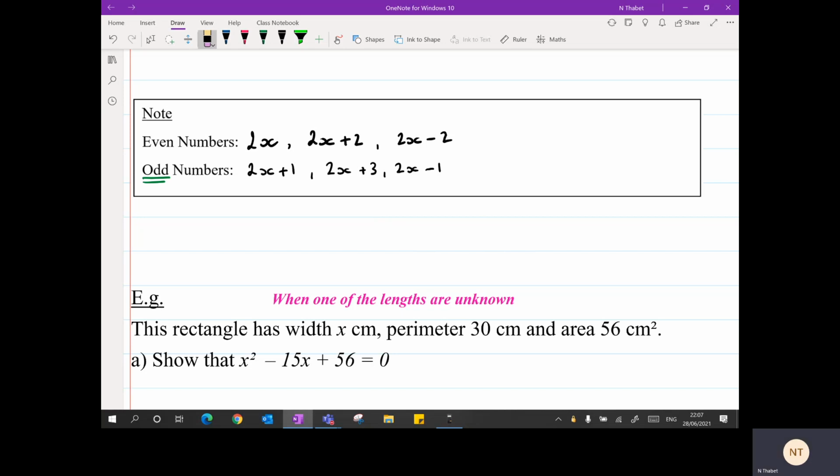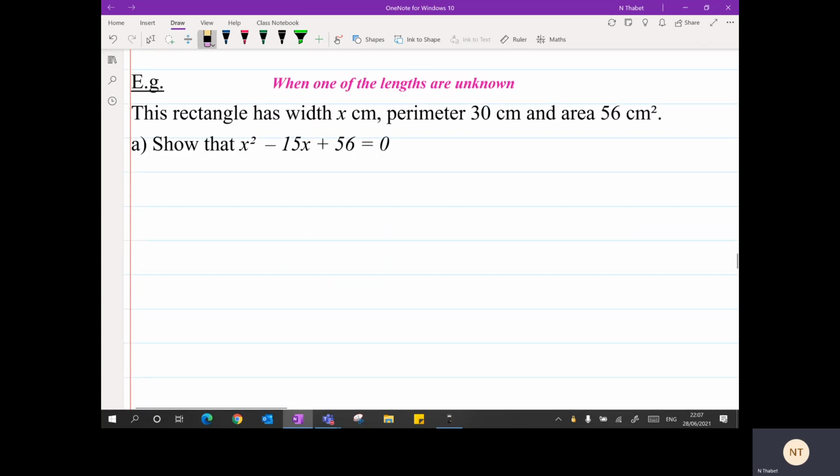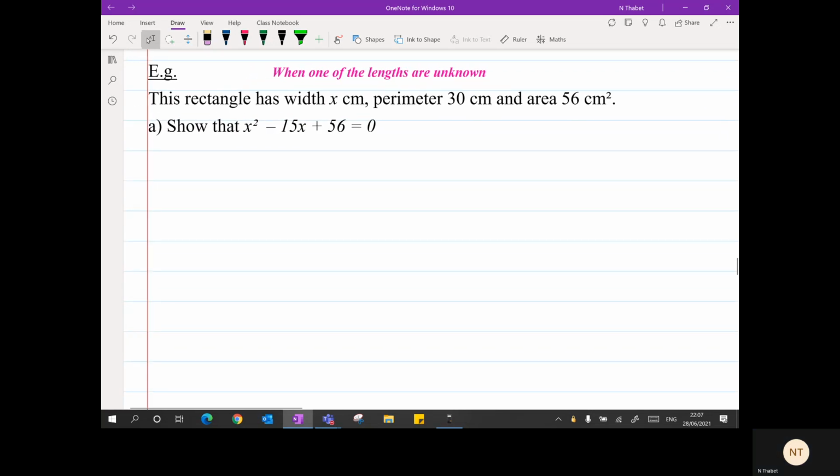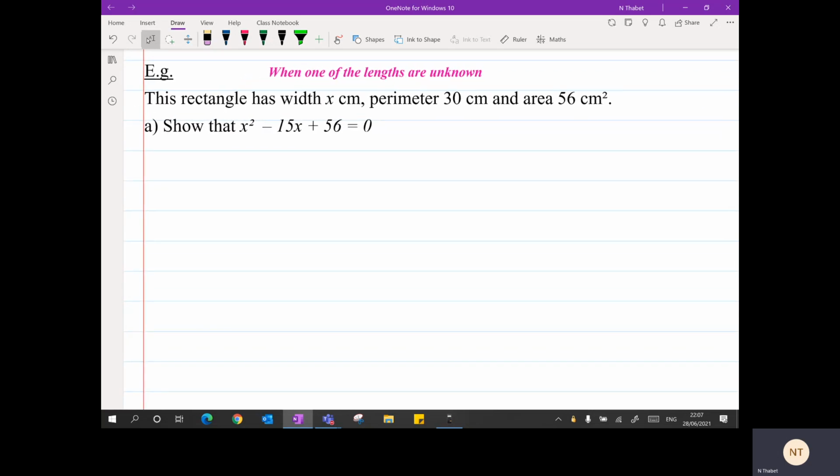And now we're going to get to the final stages of the kind of exam questions that are often asked. This rectangle has a width x centimeters and a perimeter of 30 centimeters and an area of 56 centimeters squared.